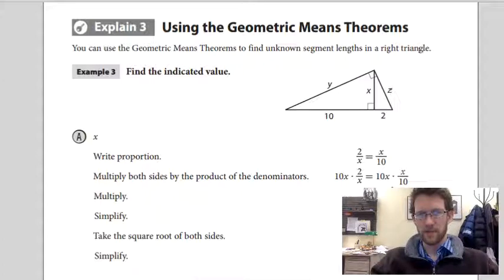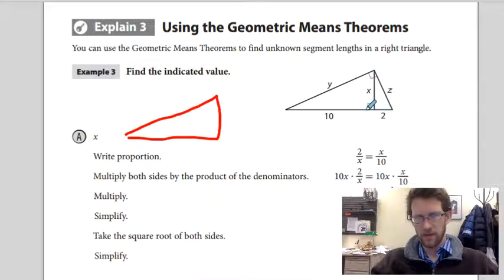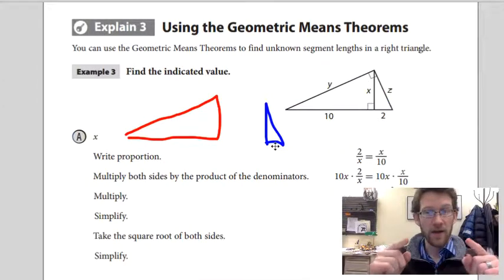And so I have these similar triangles. Here's one of the triangles. The other similar triangle is this triangle. So I know these two triangles are similar.